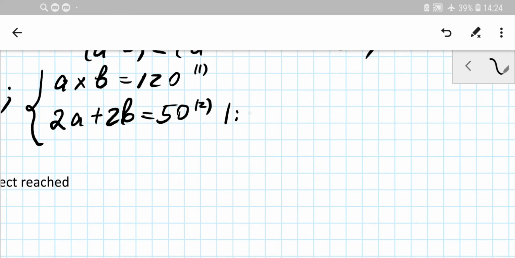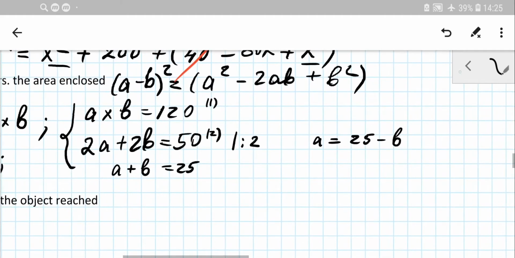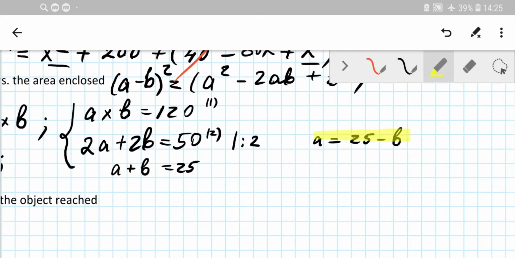Before that, I divide by 2, so that I get a plus b equals 25. It's easier. Now I express a through b: a is 25 minus b, and then I substitute. That method is called substitution.